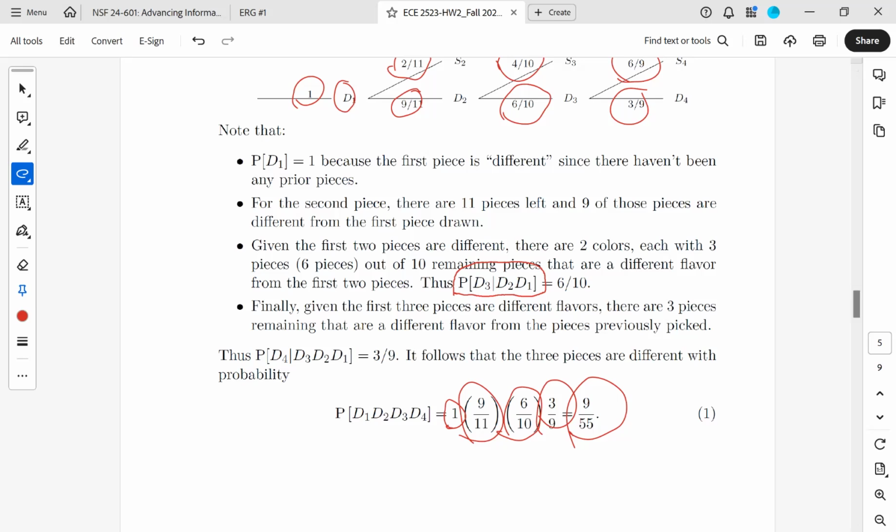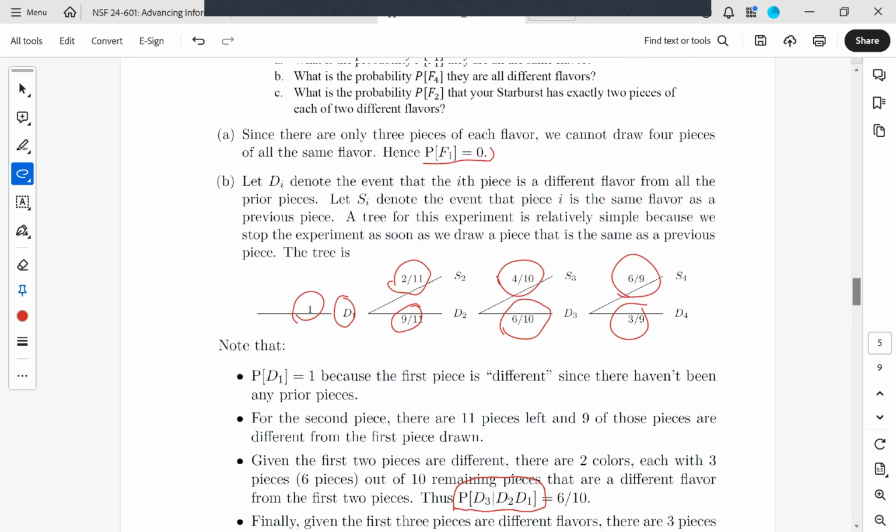Now, look at the tree diagram that we had. When we had our first draw, in our tree diagram, we had two branches. Either we pick a different type of candy, which is the branch that we call D2, or we pick a similar flavor to the first draw, which is the branch that we call S2.